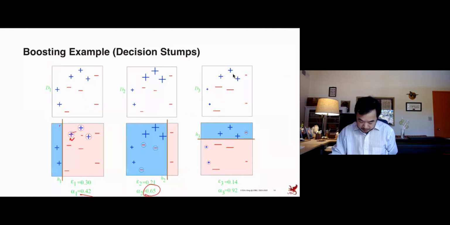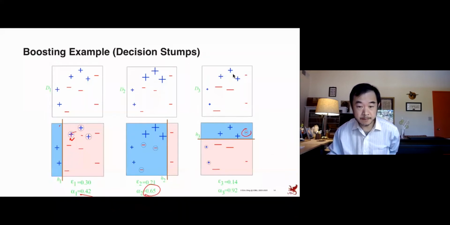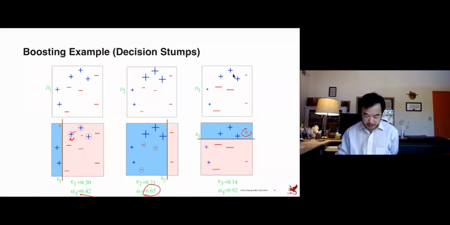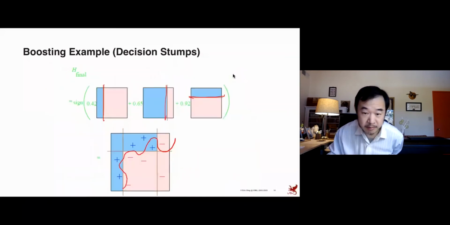Let's see. You are saying why the right upper corner blue, this one? It could. That's why it is labeled as a mistake. And also it's higher weighted. Someone is answering that already.